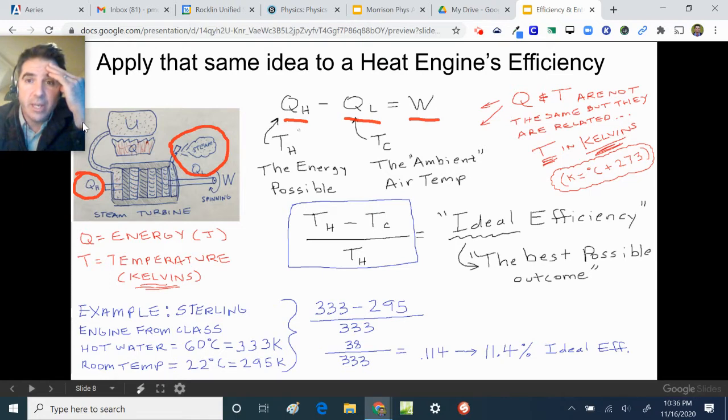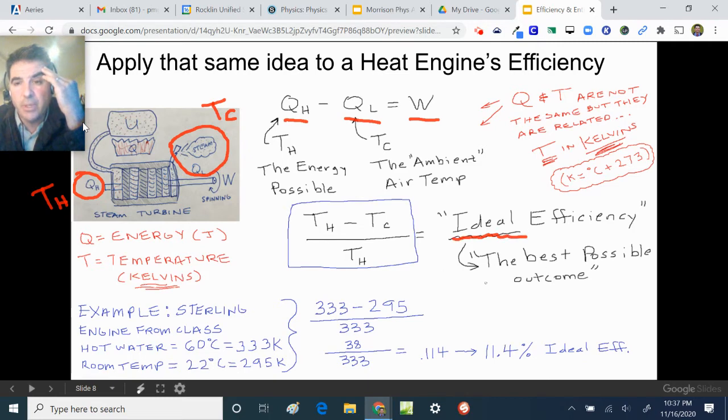The more heat you got, the higher the temperature usually. And so we're going to use temperature in kelvins. The energy possible on this side will be our high temperature side, TH, and the ambient temperature of the room will be our TC, which is our cold side. That difference is what we're going to use to find what's called ideal efficiency, which is the best we could possibly do under these circumstances.